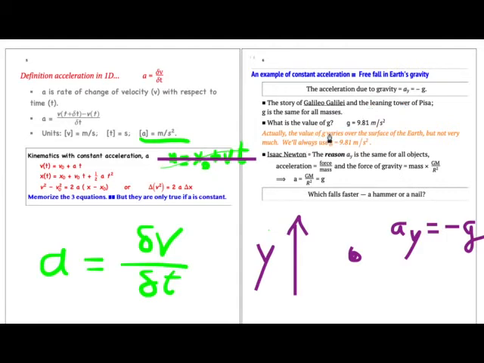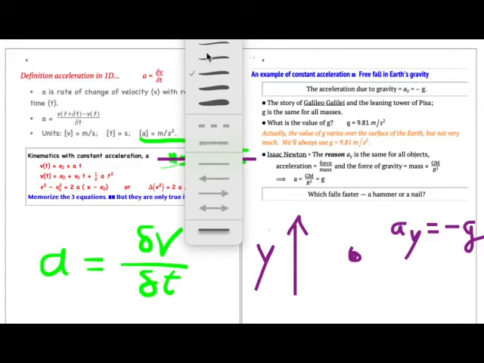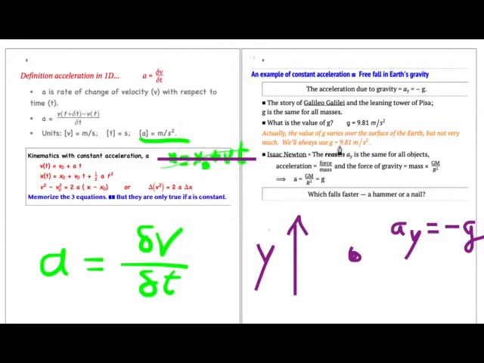Actually, the value of g varies a little bit over the surface of the Earth, but not by very much. So in this course, we'll always just take g to have the same value, 9.81 meters per second squared, everywhere.